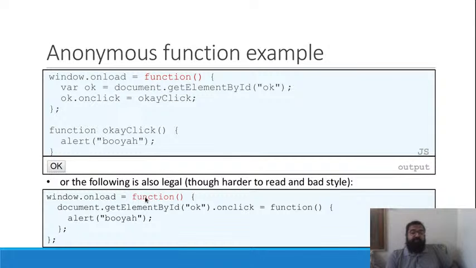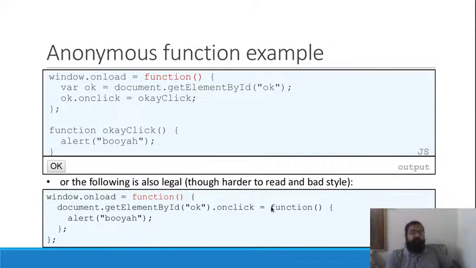You should understand that there's an anonymous function defined which will get the element by ID, and it will immediately access its onclick. So two dot operators have been used: document.getElementById dot onclick is equal to, then you create another function which is alert booyah.